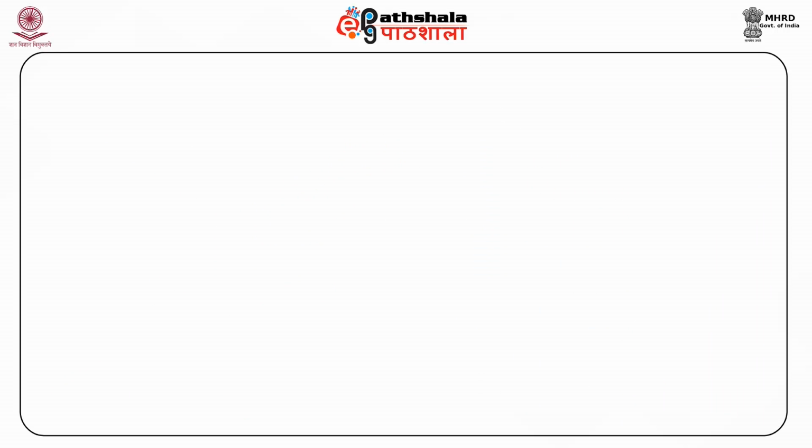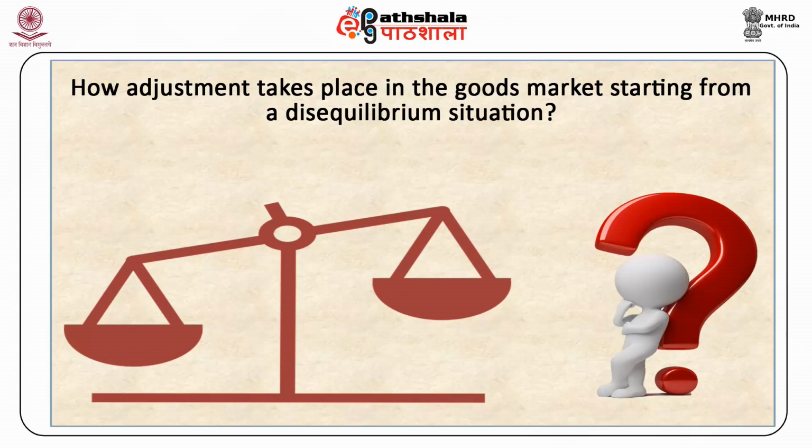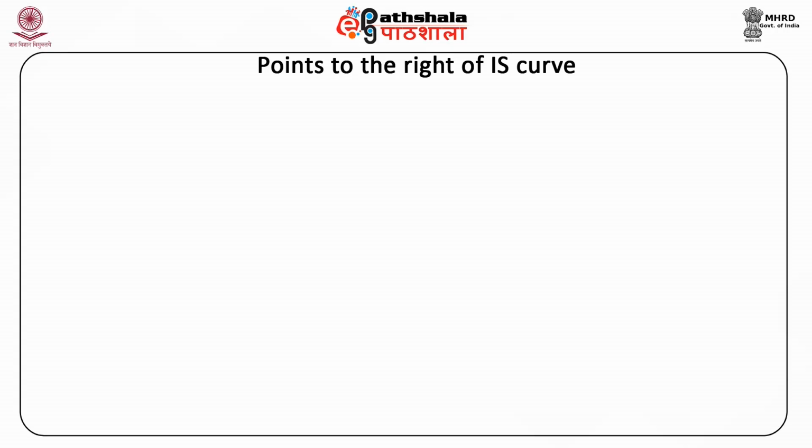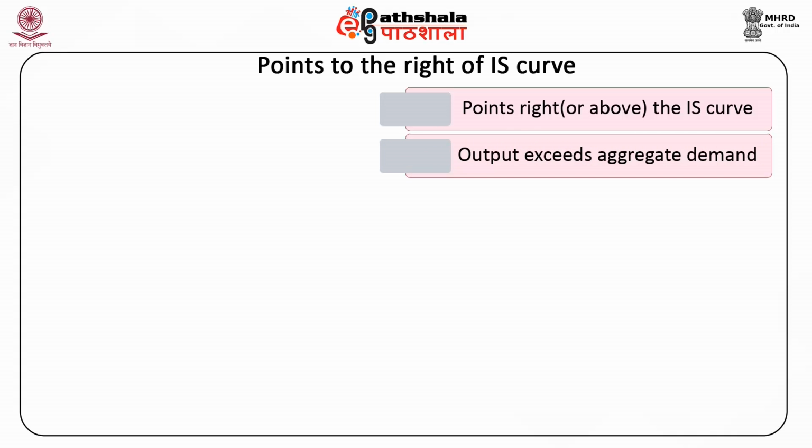Let us now see how adjustment takes place in the goods market starting from a disequilibrium situation. Once again, recall from our discussion in previous modules that at all points to the right of the IS curve, output exceeds aggregate demand and there is excess supply of output (ESO).